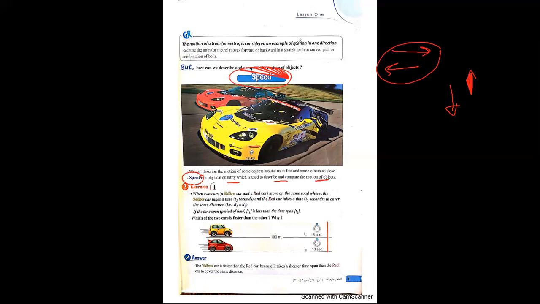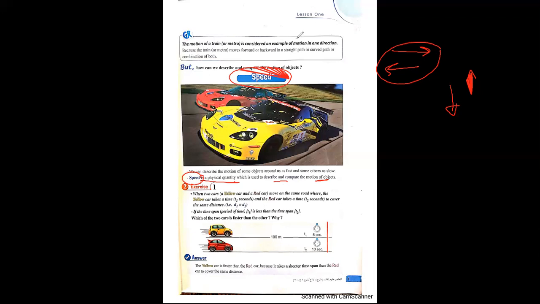Hagar. Yes, miss. What's the meaning of speed? It's a physical quantity which is used to describe and compare the motion of objects.